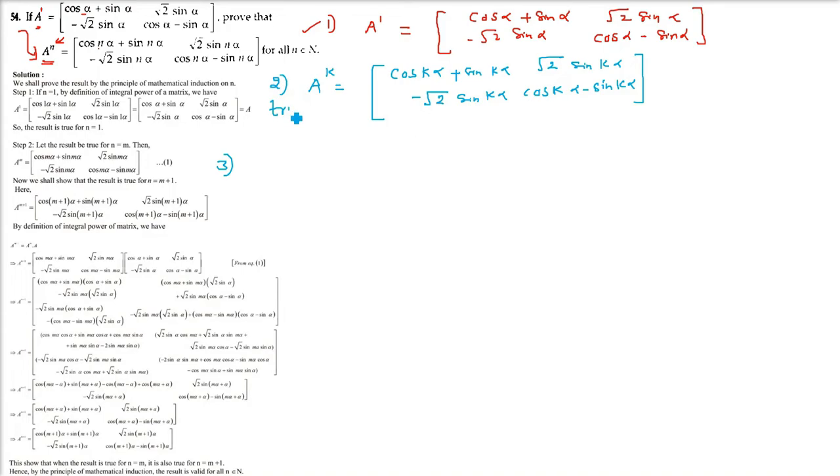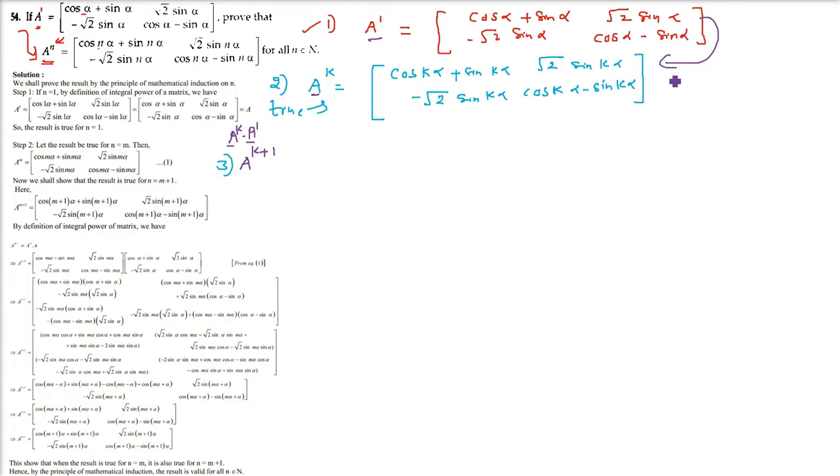We have assumed it. This is true. Now we want to prove that if A to the power k plus 1 holds, it will hold for any value of n. So what do we do? How can we write this A to the power k plus 1? A to the power k into A to the power 1. That is, essentially we have to multiply the second with the first.